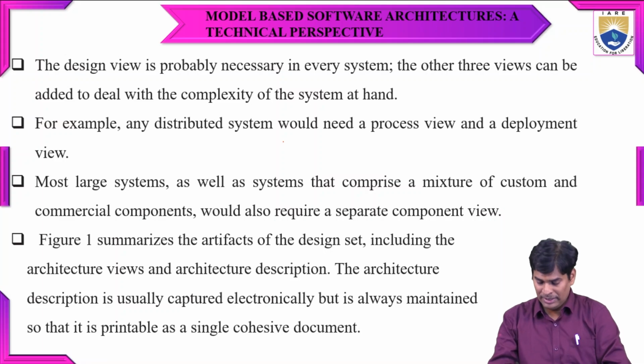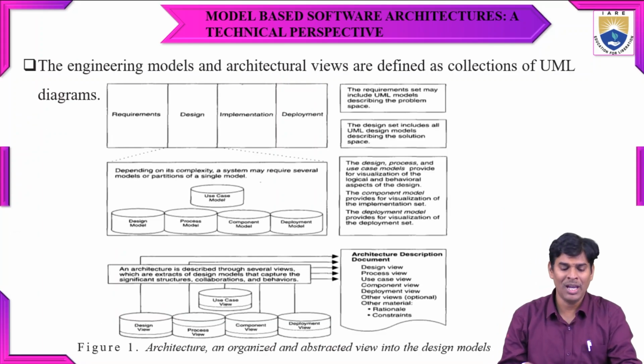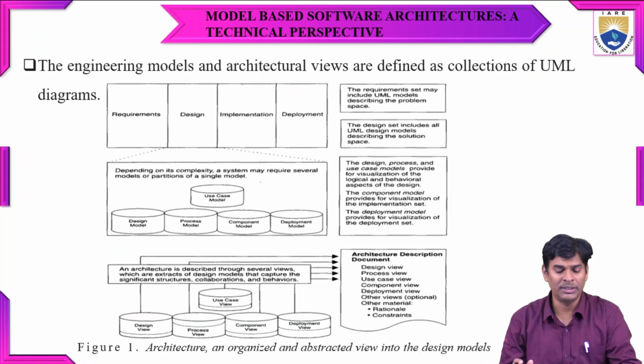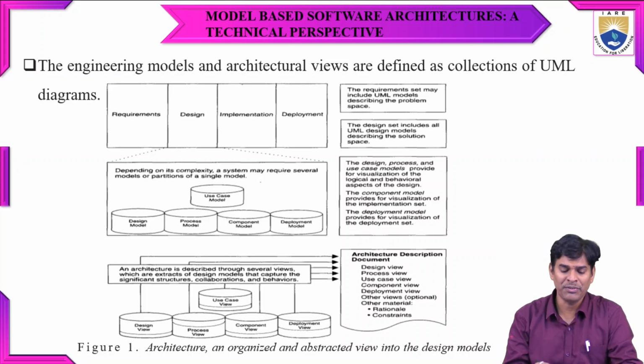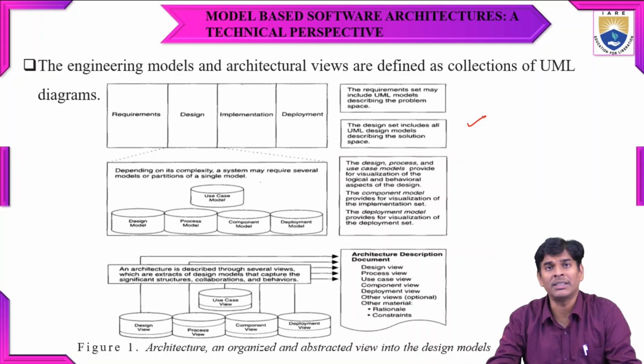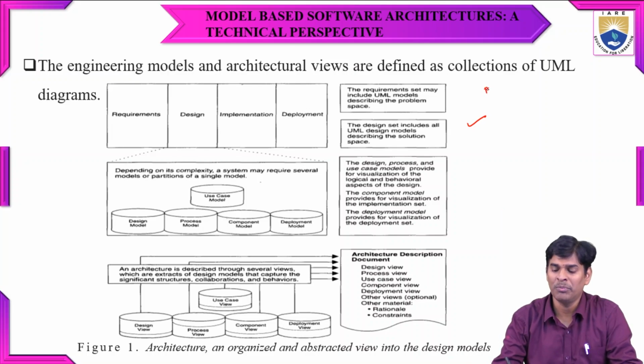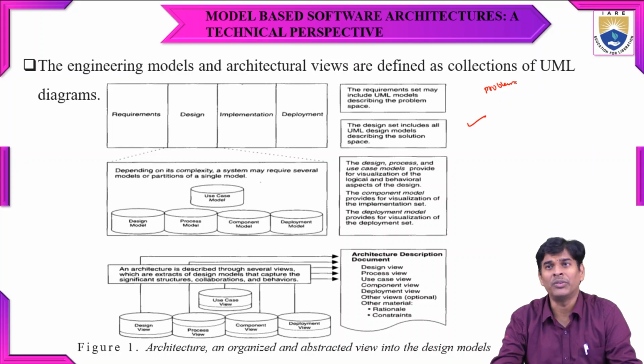Okay, so here in this diagram we have different stages. The first one is the requirement. So requirement is there, design is there, implementation and deployment. Requirement is nothing but discussing the problem. How we are going to discuss the problem here.